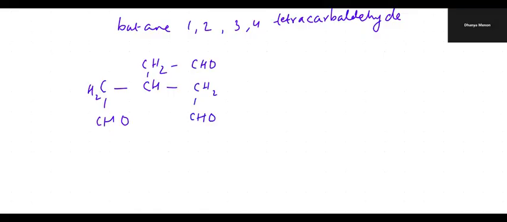In this case, this CHO is not directly connected to the main chain, if you see. So if we number it 1, 2, 3, 4, 5. If you see, it is not connected to the main chain directly like this. Instead, there is a CH2. I'll make it a bit bigger so that it's easy to understand.